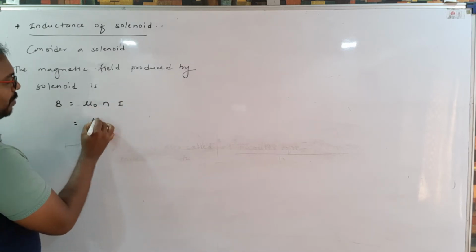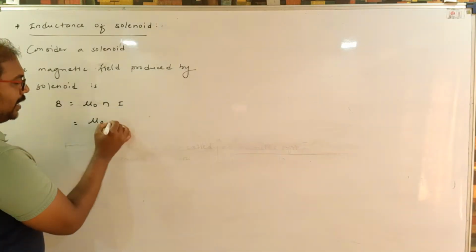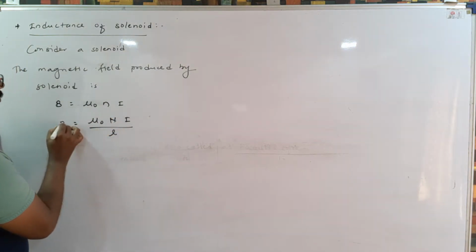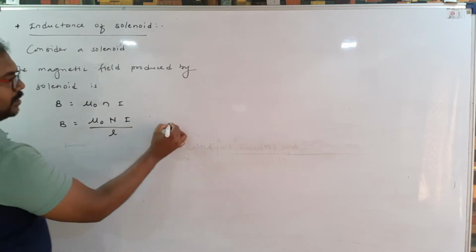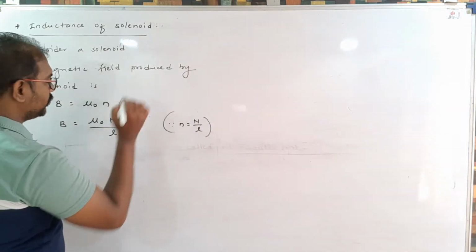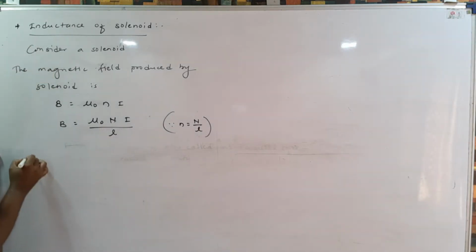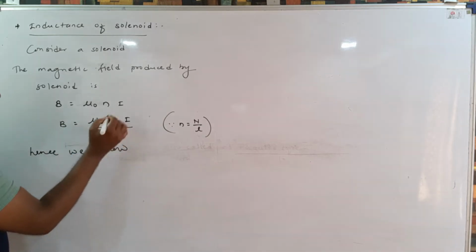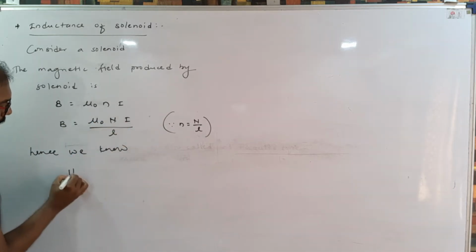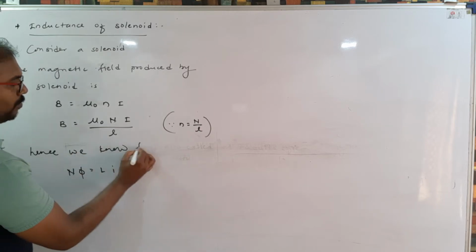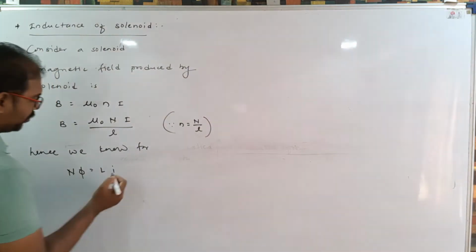Mu 0 is permeability. We can write this n as N upon L, number of turns per unit length. So this is the magnetic field. Hence, we already learned that N into magnetic flux is equal to L into I for a solenoid or for a coil.